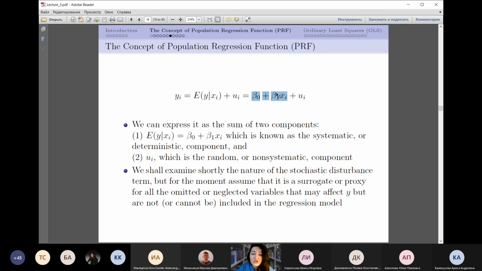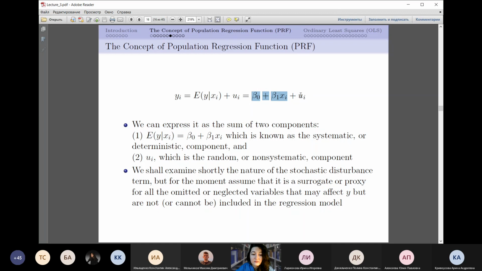The second component is random and non-systematic. Of course, we will discuss in the next lectures why we can have this unsystematic part, this random component.